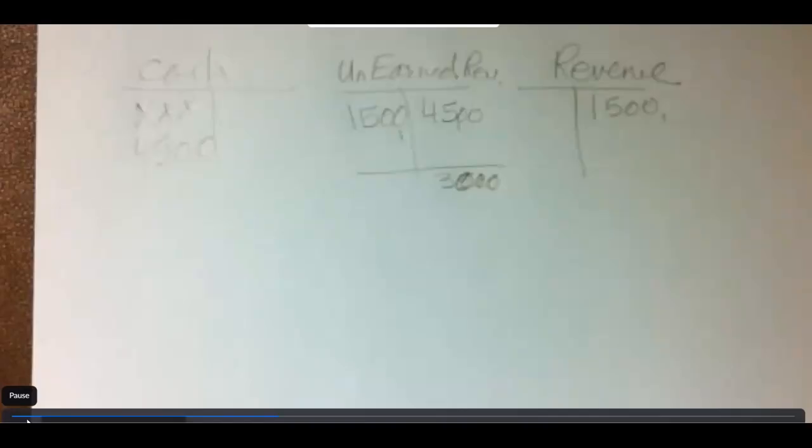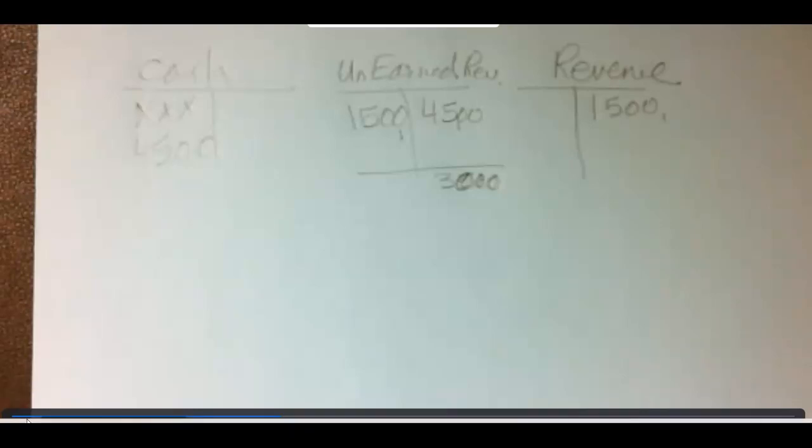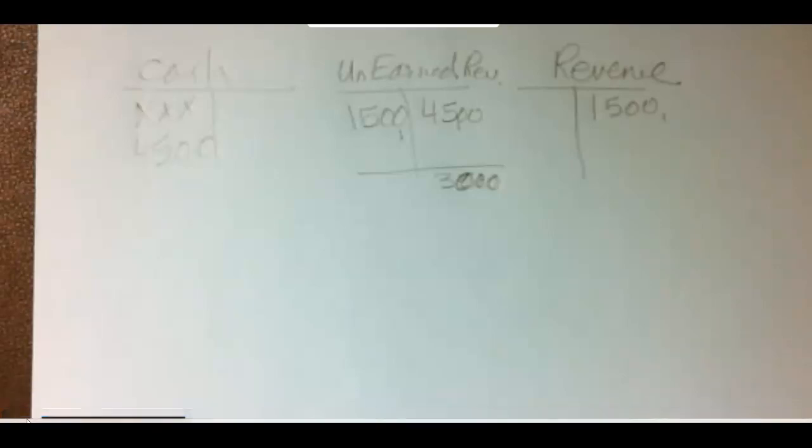Yeah. As an accountant, or business owner, you need to understand at any given moment how much revenue you have, how much liability you have, how much cash you have, who owes you, and how much you owe to whom.